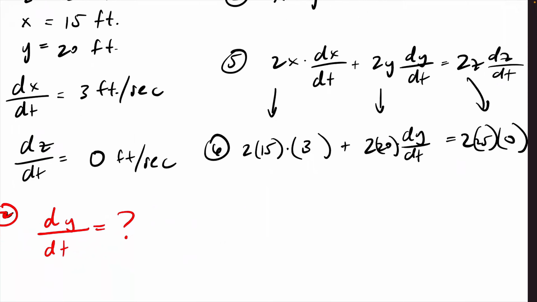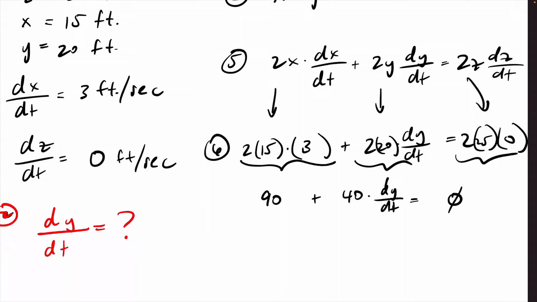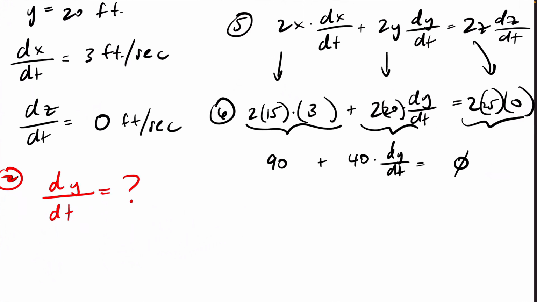Okay, multiply. 2 times 15 times 3, 90. 2 times 20 is 40 times dy over dt. 2 times 25 times 0 is 0. Solve for dy over dt. Subtract 90 from both sides.